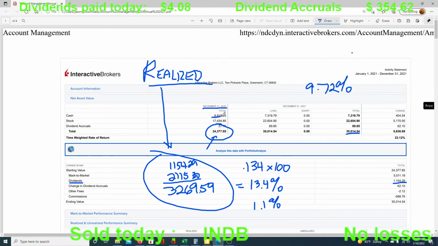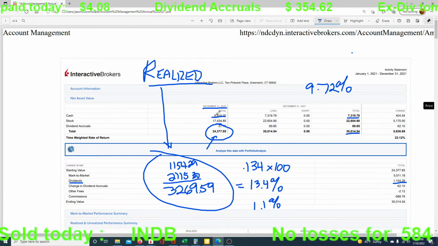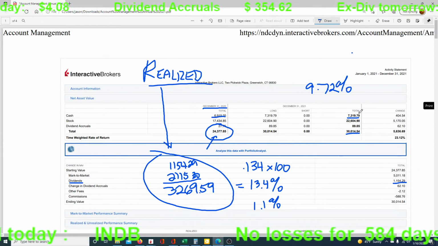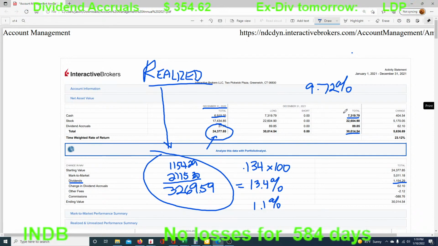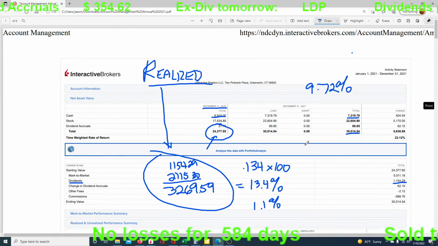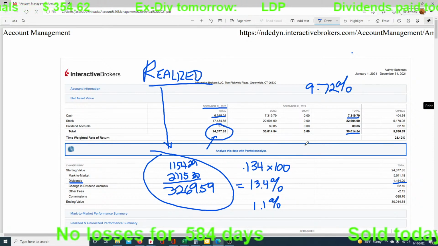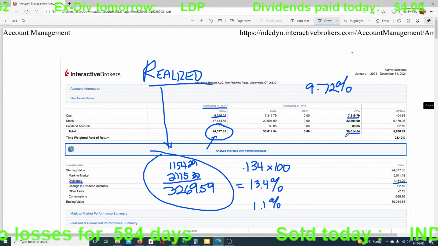See, we kept our cash fairly level. We started with 6,915.25 and ended with 7,319.79. So you can work the percentages out there and see how much it increases each time. There's usually a correlation depending on the size of your account.